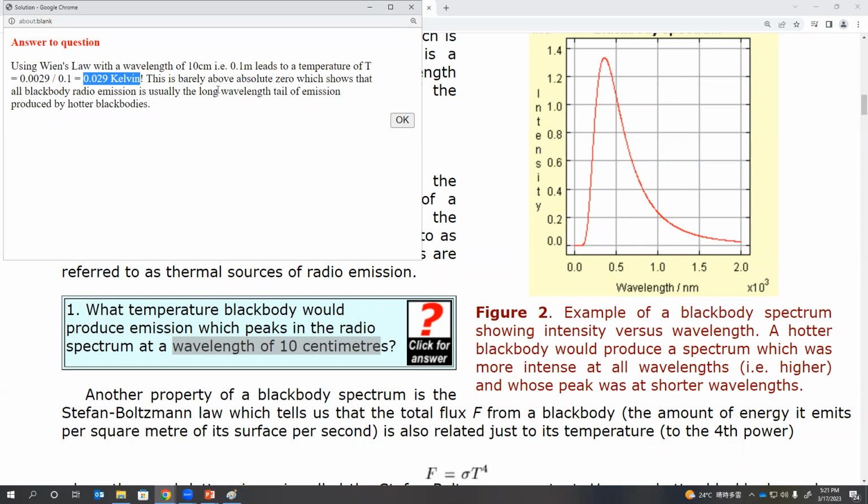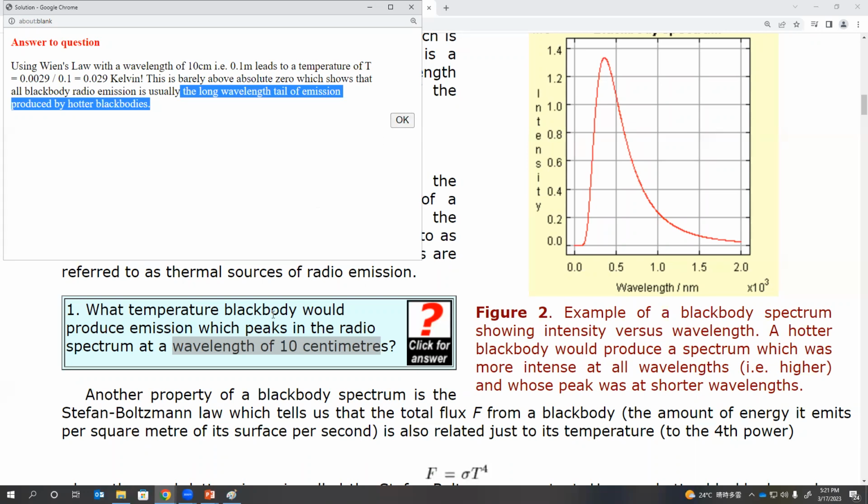So this is barely above absolute zero, which shows that all blackbody radio emission is usually the long wavelength tail of emission produced by a hotter blackbody.